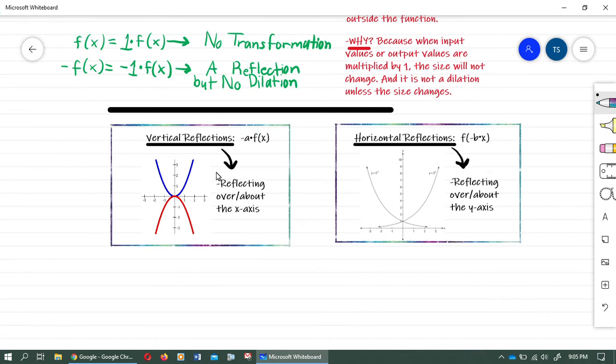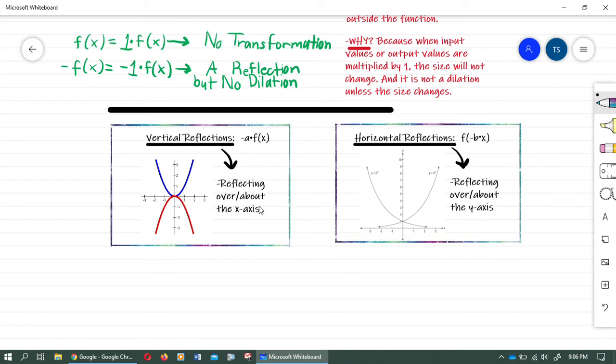Again, folks, when you're multiplying a negative number on the outside of your function, like what you see here with the negative a times f of x, that's going to be a vertical reflection. And when we say vertical reflection, we're talking specifically about reflecting over or about the x-axis.